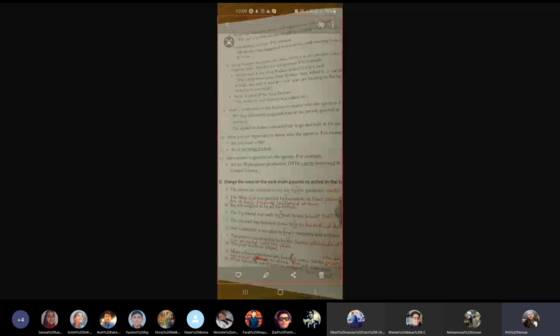Put a tick mark. We'll do this sentence in the copy. Then number four, the Taj Mahal was built by Shah Jahan. Now, the active form answer is Shah Jahan built the Taj Mahal.